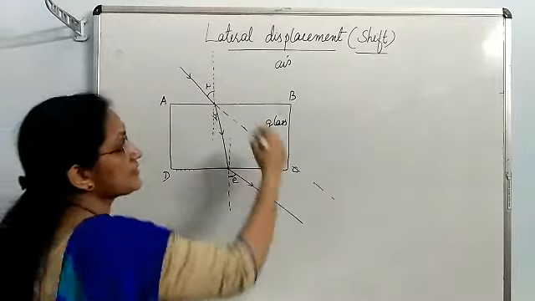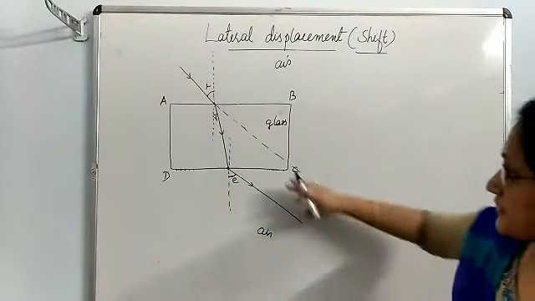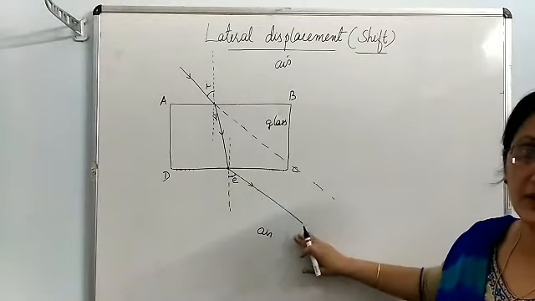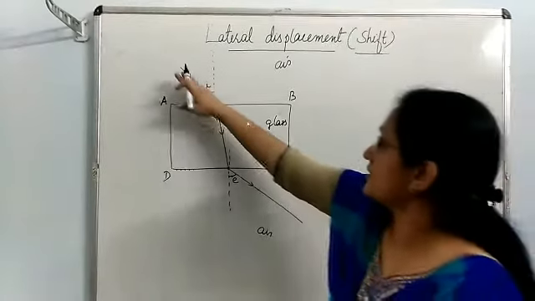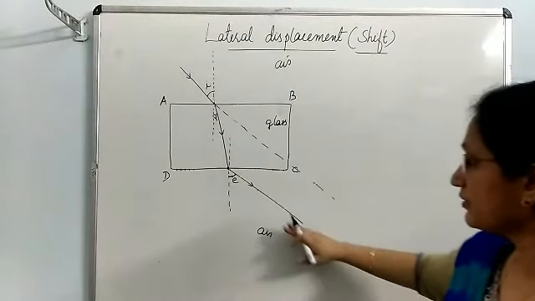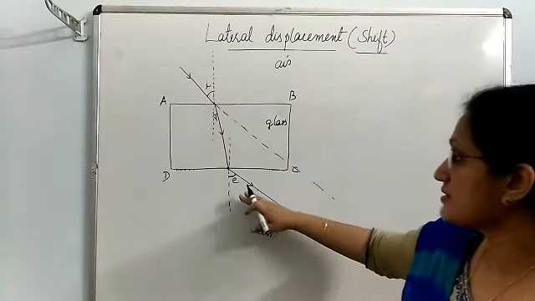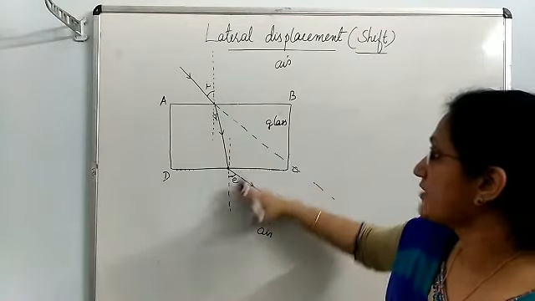You will see that it is going parallel with the emergent ray. The extended incident ray goes parallel with the emergent ray. Or you can say that this emergent ray is laterally shifted.